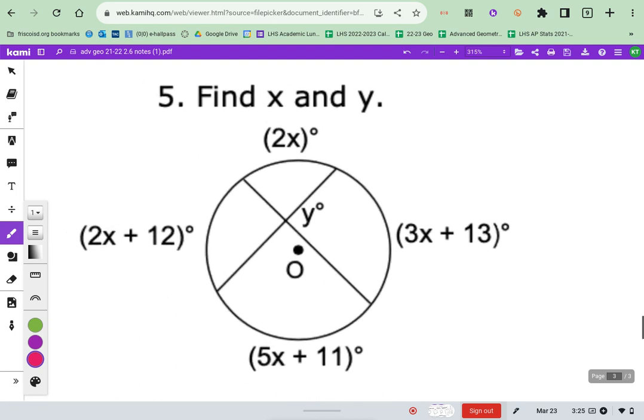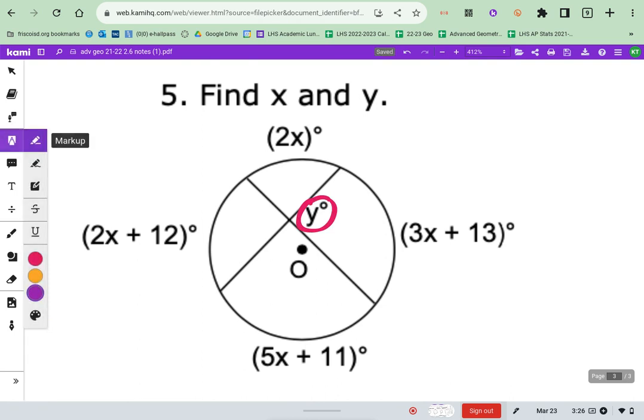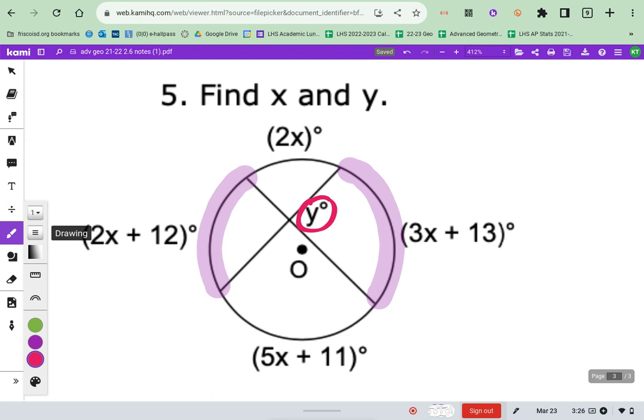Okay, so for the first equation, I'm going to be looking at the angle where y is. So I'm going to highlight the 2 arcs that y is intercepting. So y is intercepting the arc on the left and the arc on the right. And y is an inside angle. So inside angles we add.